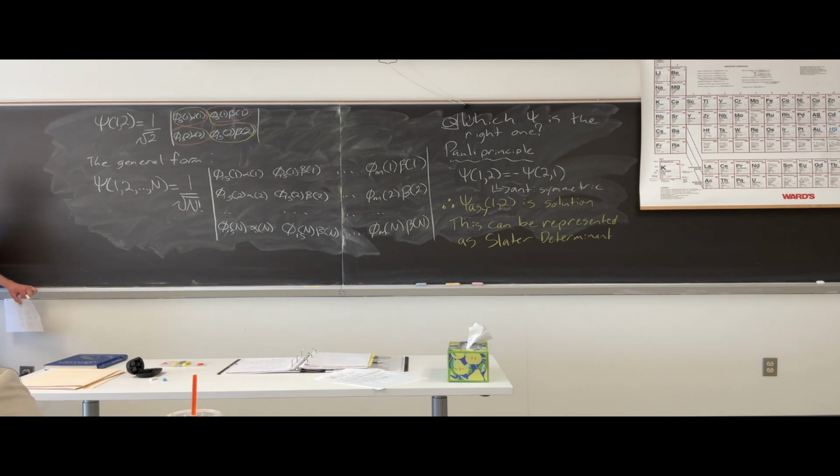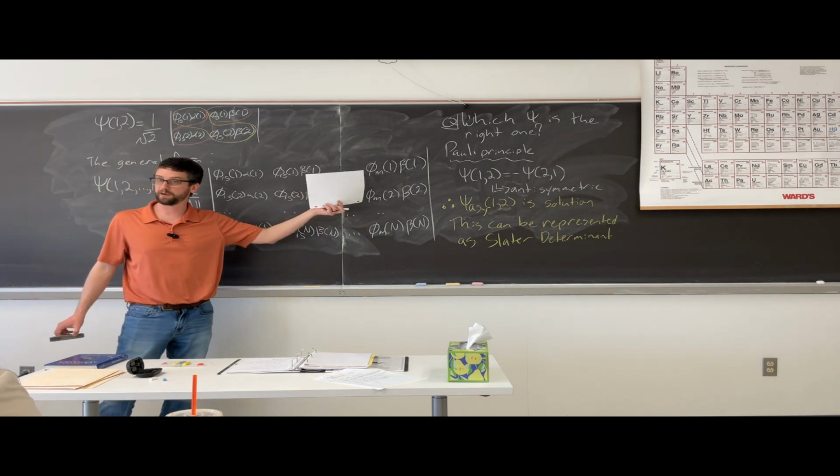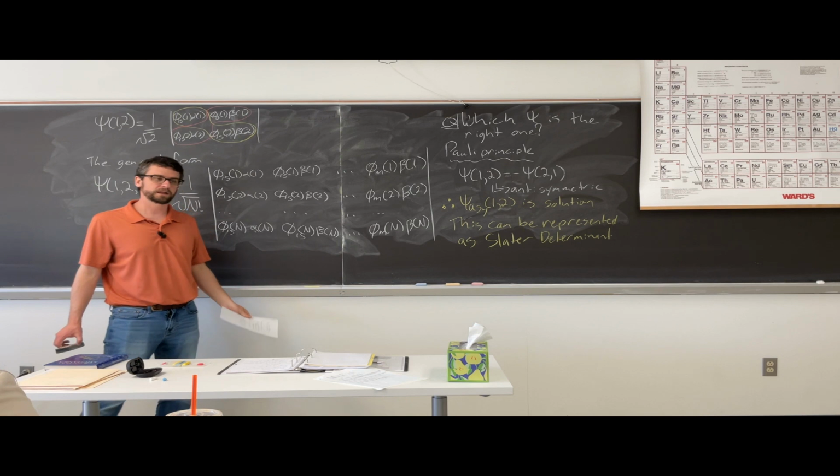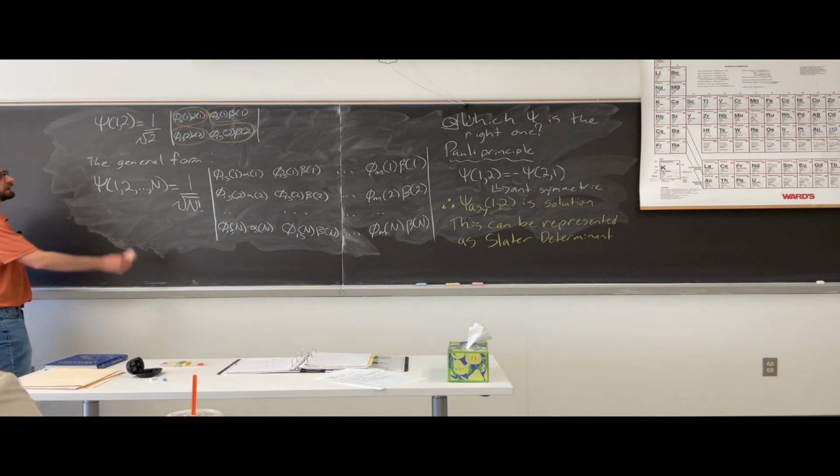Oops, yep, you would have a px, py, pz. If you only need to fill one of them, you would go up to 1. Let's look at an example. We're going to have you do the determinant for lithium. Okay. Am I right to erase this?